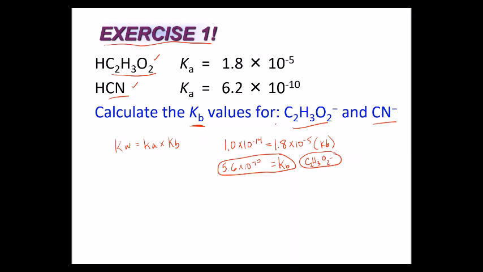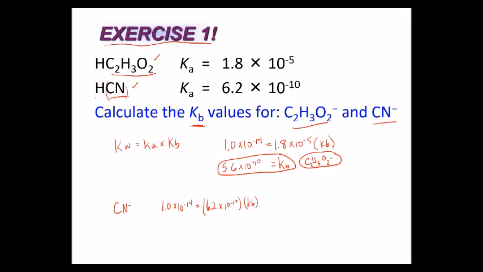Now, if we're looking at the cyanide of the hydrocyanic acid, that's going to be 1 times 10 to the minus 14 equals the Ka in this case. The Ka is 6.2 times 10 to the minus 10 times the Kb here.